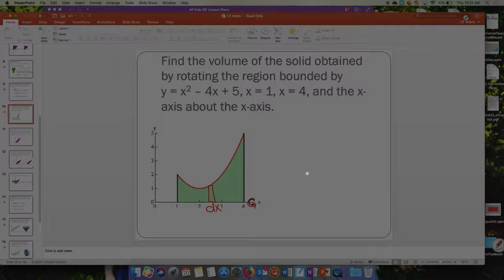I want you to imagine this rectangle popping off of the screen and rotating around the x-axis. What do we get? We get a disc. That's going to be important when we're mixing in the shell method tomorrow. If we only had the disc method, I really wouldn't care that much. So, what?